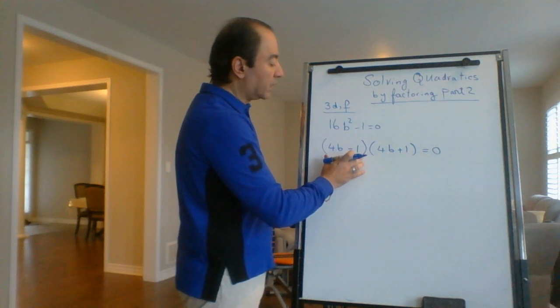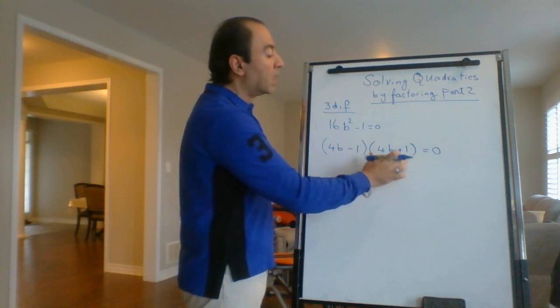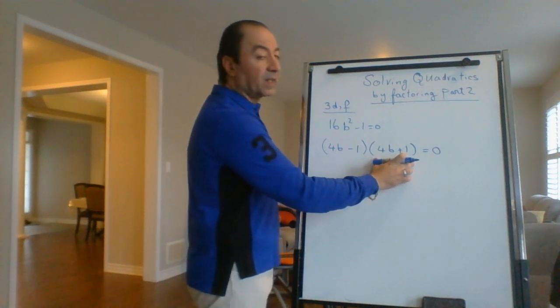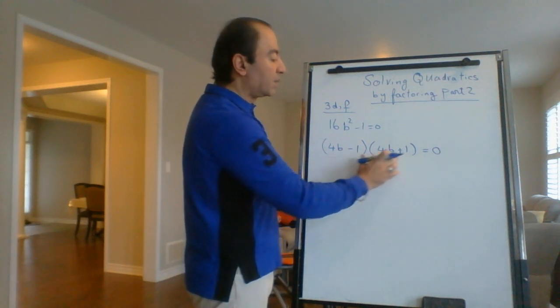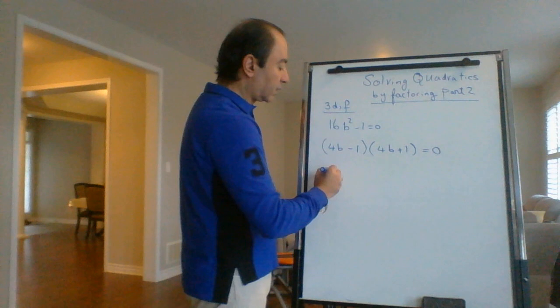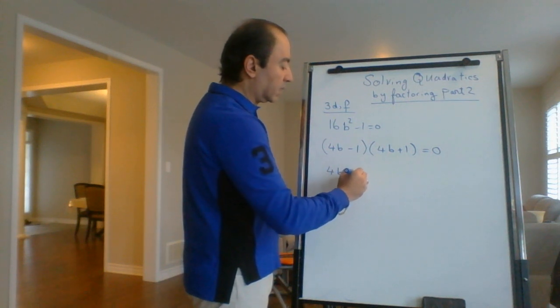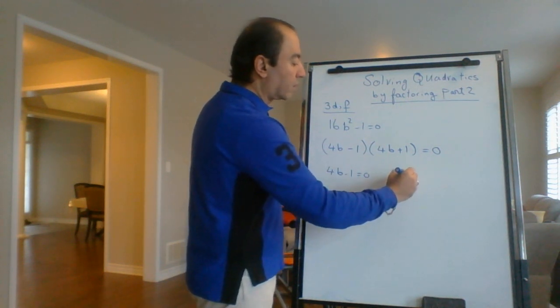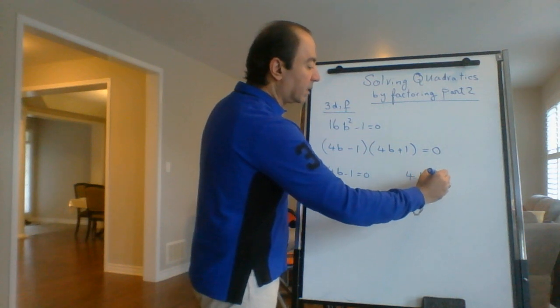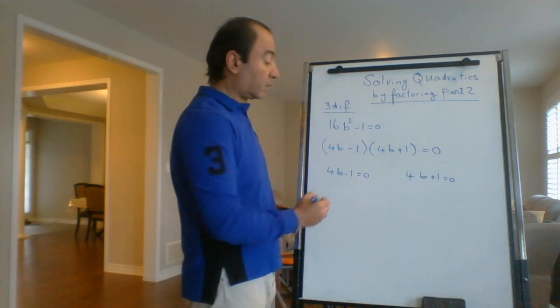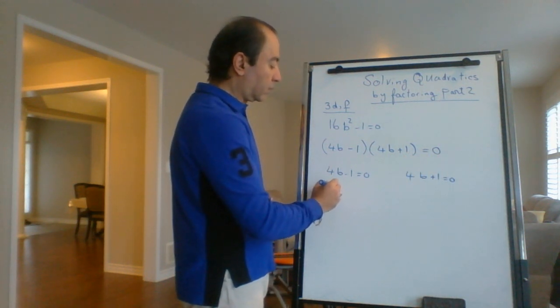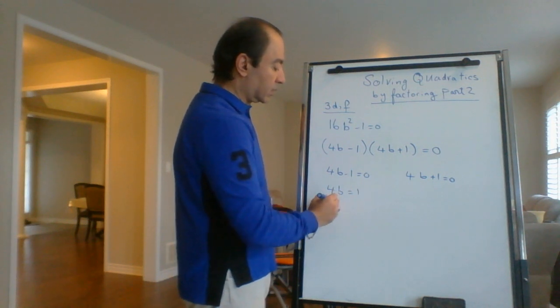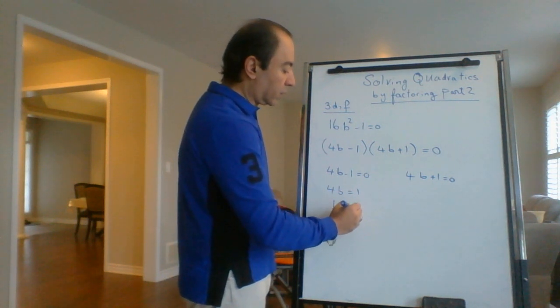So we need to find what is the value of b that will make this factor 0, and what is the value of b that will make this factor 0? So we need to split those. So either 4b minus 1 equals 0, or 4b plus 1 equals 0. Then we solve. So in here 4b will equal 1, so b equals 1 over 4.